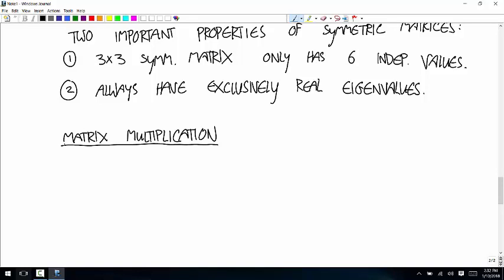I mean, there's a couple of questions that I'll ask here and there that'll require that you understand how matrix multiplication works. But in almost every problem you do in this class, you're just going to plug the matrix into your calculator. And so, who cares how it works? You can learn about that in the math department. But you can think of matrix multiplication as a series of dot products.